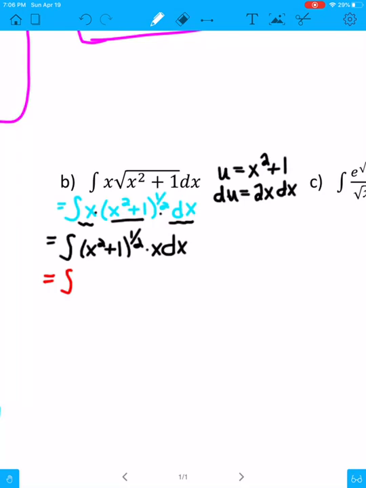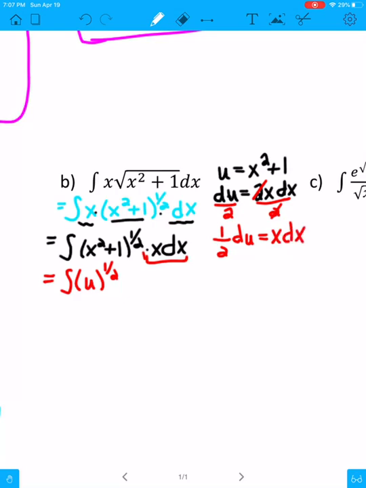still the integral symbol because I haven't taken the antiderivative. So I'm going to get u to the half, and then I need x dx to go away. Well, I have 2x dx. So what do I have to do? I have to divide by 2. When I divide by 2, I get 1/2 du equals x dx.